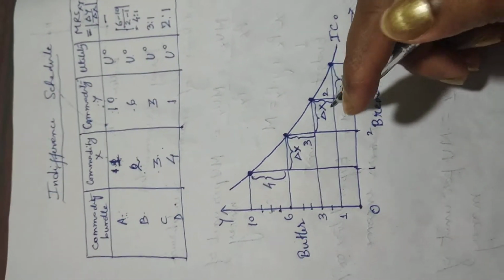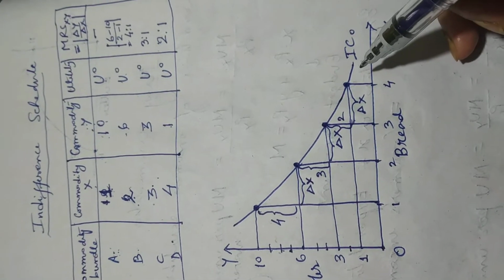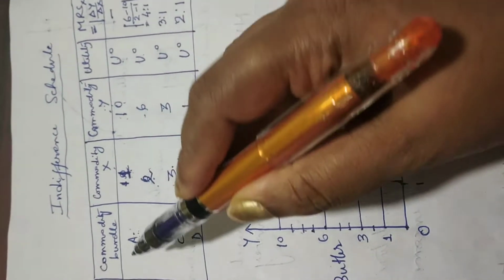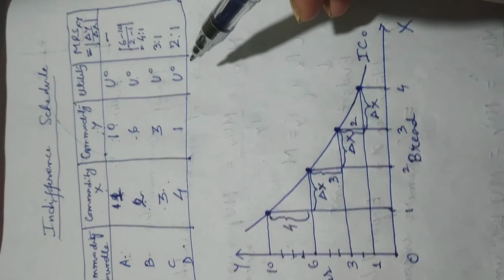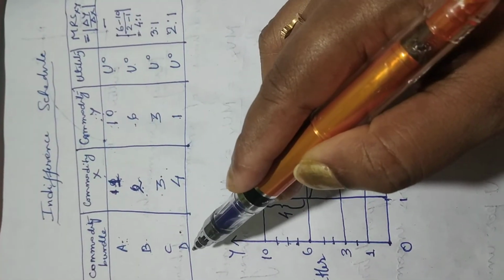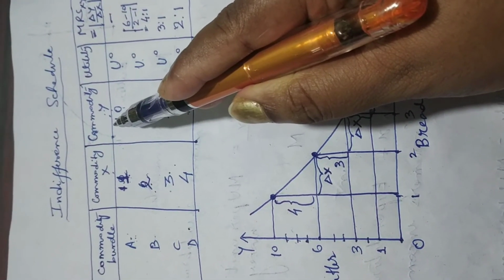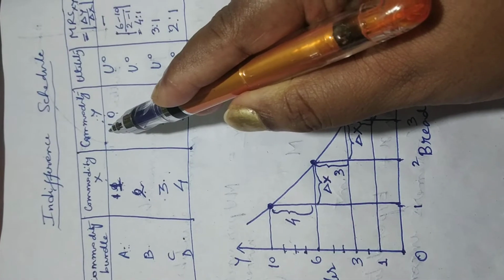Now I will be explaining how we can derive the IC, or the indifference curve, from the indifference schedule. As we have already discussed, an indifference schedule is a table that shows the various combinations of two goods X and Y which give equal satisfaction to a consumer.